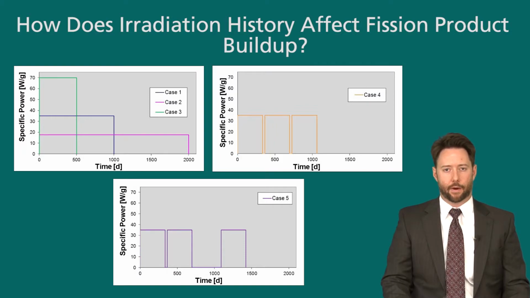So the specific power is 35 watts per gram, and the total amount of irradiation time is actually 1,000 days, but then we have 3 20-day shutdowns that are inserted, and for 1 irradiation cycle of the reactor, the spent fuel assembly is pulled out, so it doesn't get irradiated for 1 cycle, and it experiences effectively a longer shutdown time in that case.